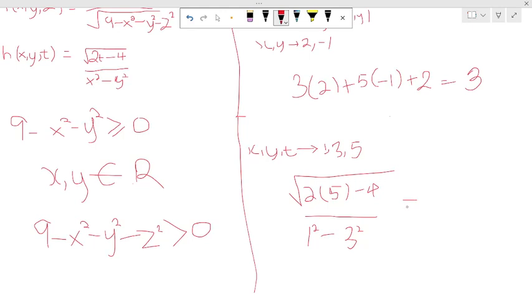So now evaluating, we are going to get the square root of 2 times 5, which gives us 10, minus 4, that's square root of 6, divided by 1 squared, which gives us 1, minus 3 squared, which gives us 9. 1 minus 9 gives us negative 8.